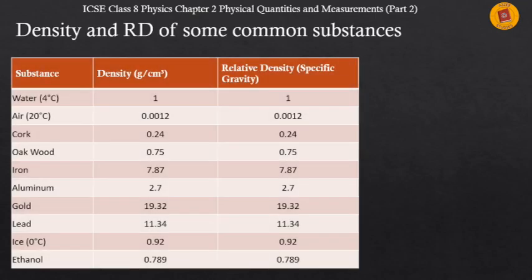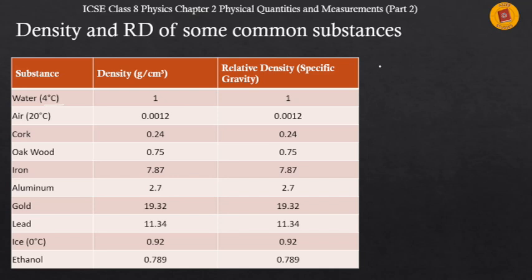Here in this chart we have got some examples. For example, water at 4 degrees centigrade. Now it should be mentioned that water exhibits an anomalous behavior, which means it's an exceptional substance.